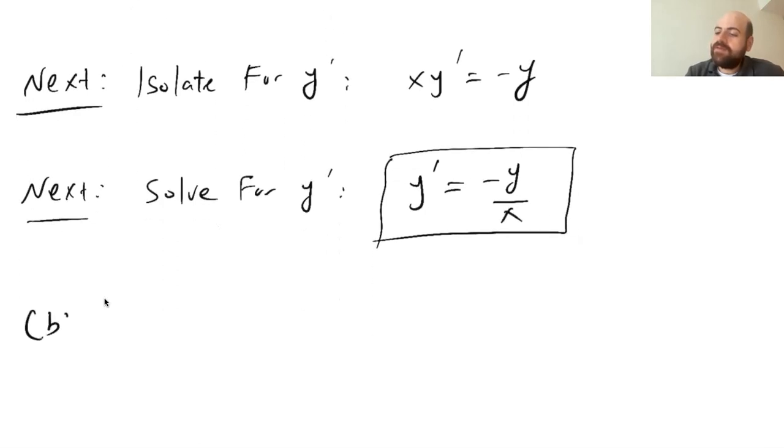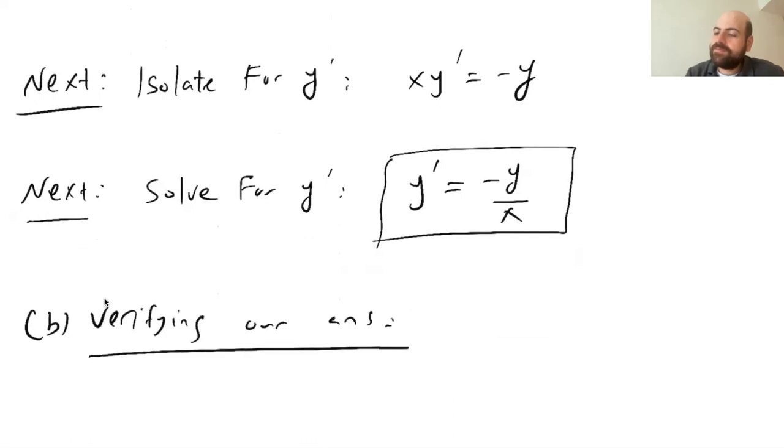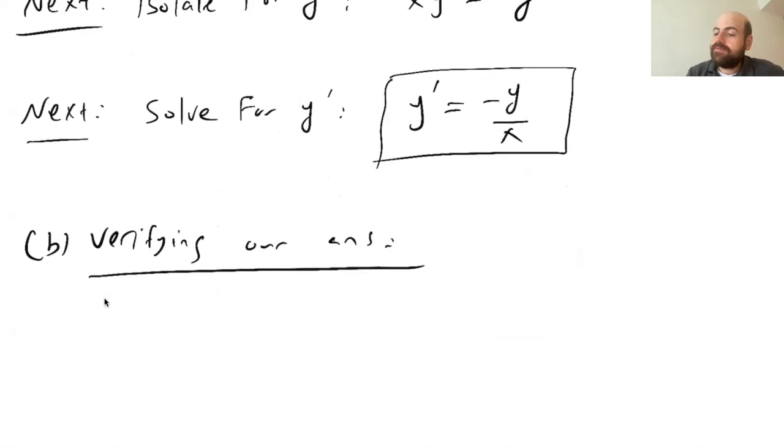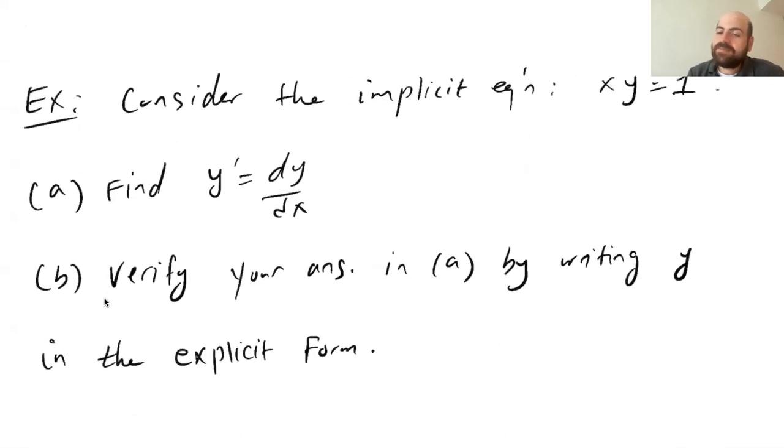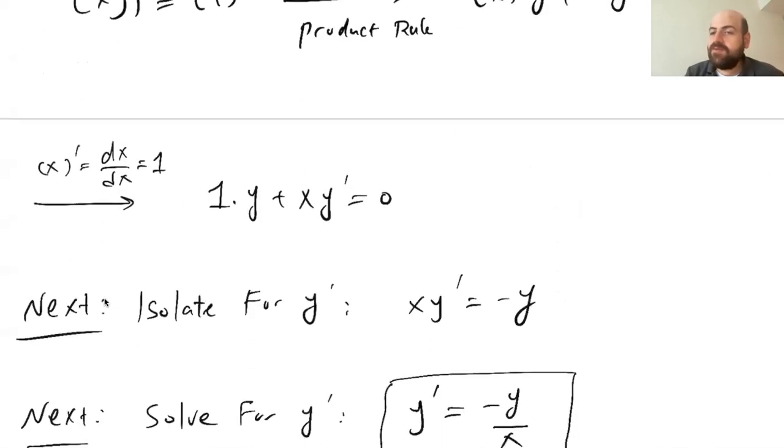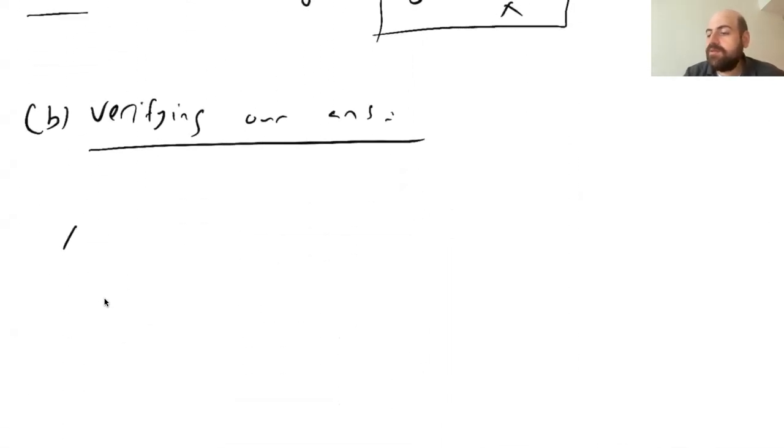So part B, verifying our answer. We want to verify by writing in the explicit form. What is the explicit form of xy equals 1? We have xy equals 1. Explicit form is y equals a function of x.